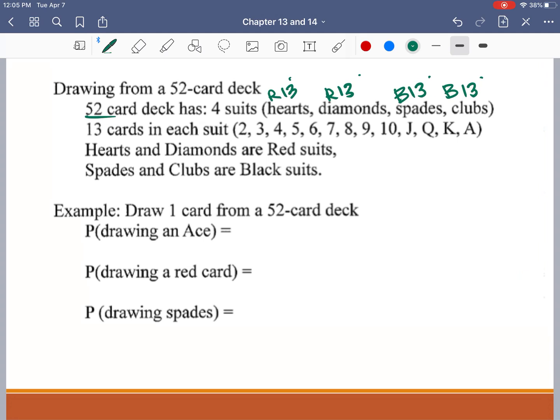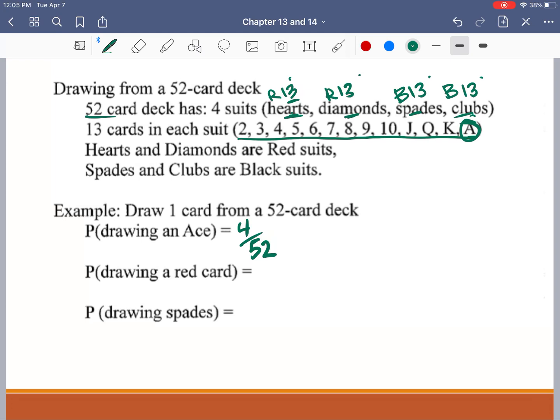So we've got to find probability for some of these events. I want to know the probability of drawing 1 card from a 52 card deck. Specifically, I want that card to be an ace. Well, in each of these suits, these are the cards available, and this happens in each of the different suits. So if I want an ace, an ace can happen in the hearts, diamonds, spades, or clubs.